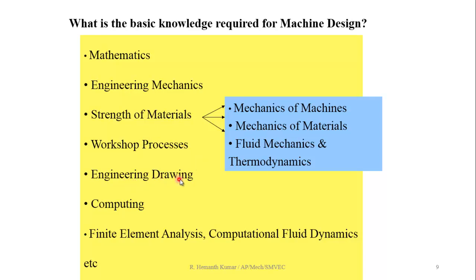Then engineering drawing concepts have to be learned, because how to draw a bolt, how to represent a bolt, those things you have to learn for this subject. Mathematics means you have to simply know some formulations, calculation methods. Finite element analysis is for advanced machine design only. But for basic machine design concepts, these things alone are enough, which you have studied already in previous semester subjects.